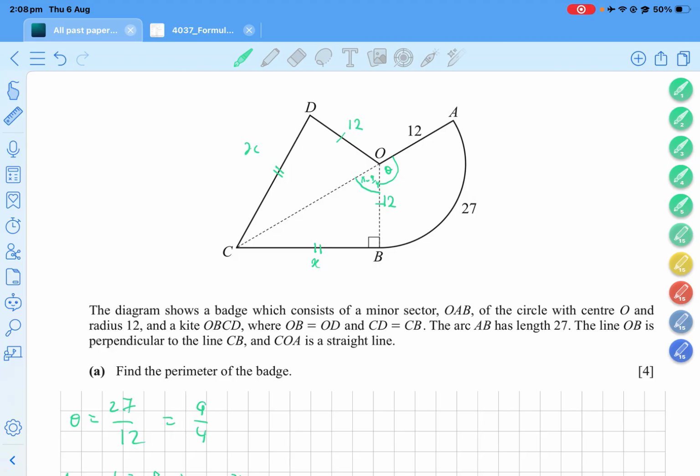I don't know, but this is a very weird shape. This cannot be a badge. I mean, especially not a military badge.